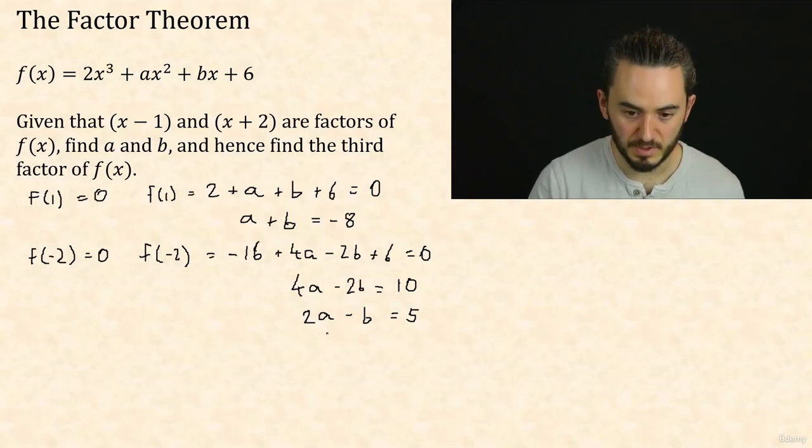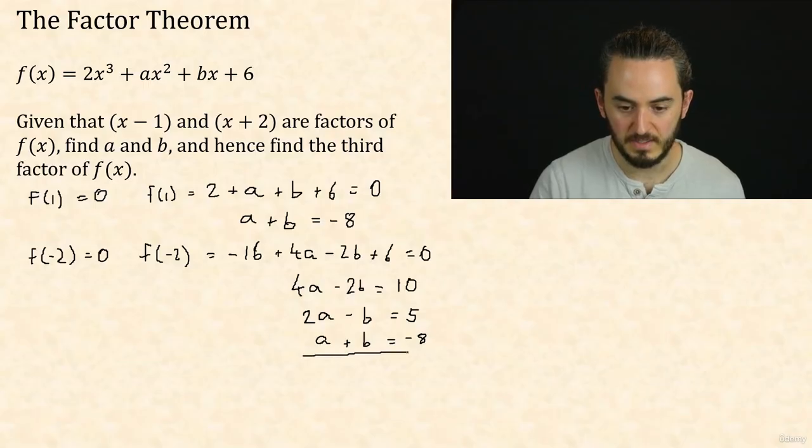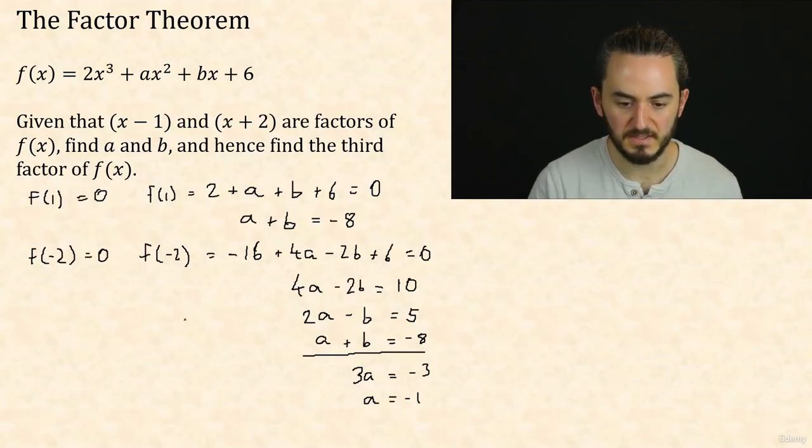Now I can solve this simultaneously with the equation from above by just adding these two lines together. Adding them together, my negative b and my b cancel. 2a plus a is 3a, and 5 minus 8 is minus 3. That means that a is negative 1, and going back to this one, b would have to be negative 7.